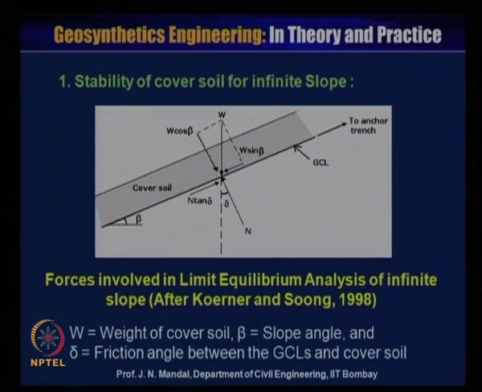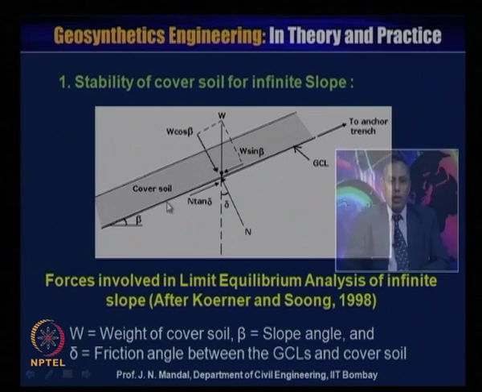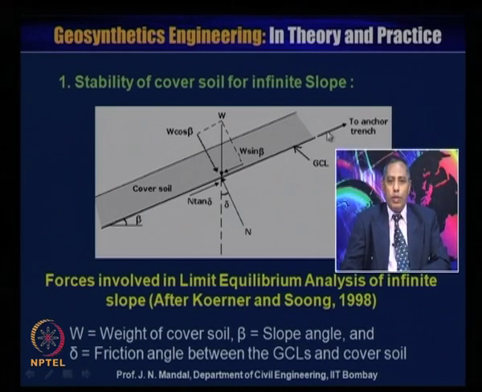First, the stability of cover soil for infinite slope. Here you can see the forces involved in limit equilibrium analysis of an infinite slope, after Koerner and Soong 1998. W is the weight of the cover soil, beta is the slope angle, and delta is the friction angle between the geosynthetic clay liner and the cover soil.